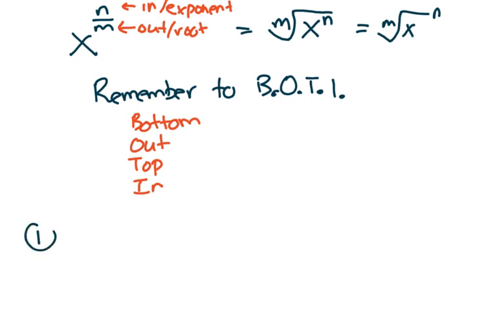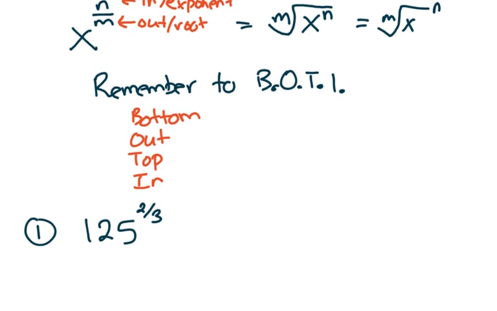So number 1. Let's look at 125 to the 2/3 power. So let's do it this way first, the way that I'm not the biggest fan of. So bottom out, so this becomes the cube root of 125 squared.